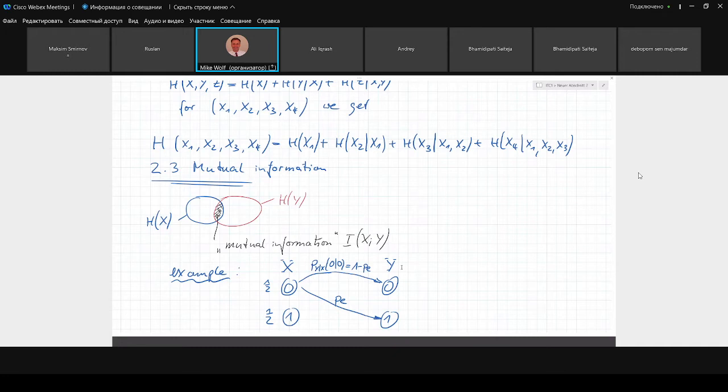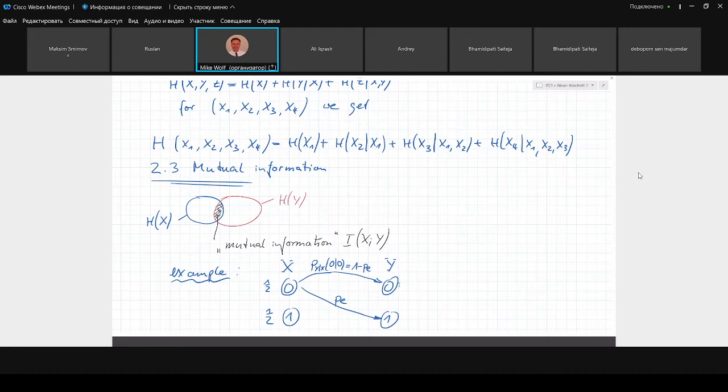By means of sampling and threshold detection, we assign again 0 and 1. But in some cases a 0 is received as a 1, and in some cases a 0 is received as it was. So this Pe could be interpreted as an error probability. But we don't need to do this here.